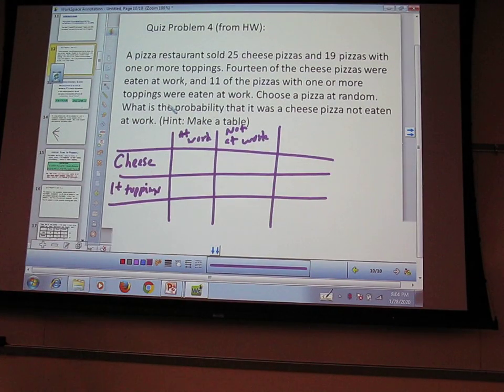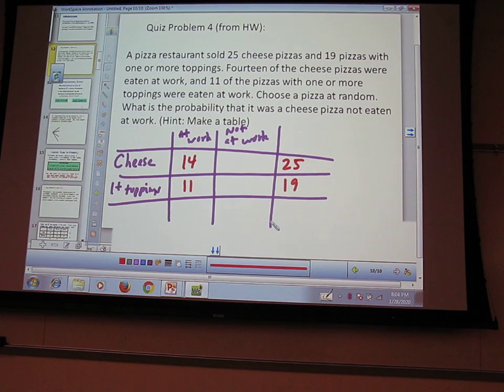Okay, so we know the 25 goes where again? Where's the 19 go? And then the 14 cheese pizzas we're eating at work, where does that one go? First upper left, yep. And then the 11, right next to it. All right, so then, can I find these other 2 spots here?